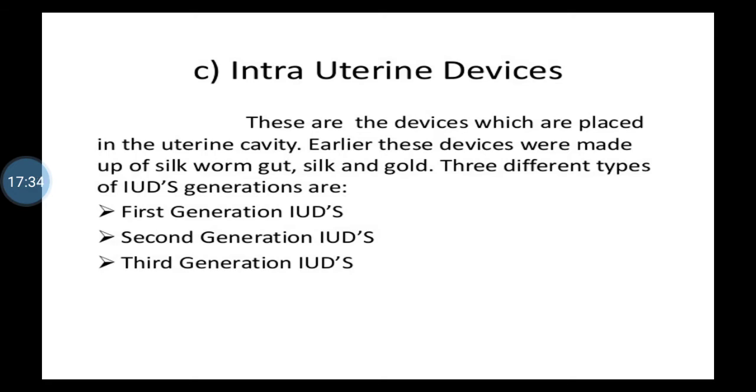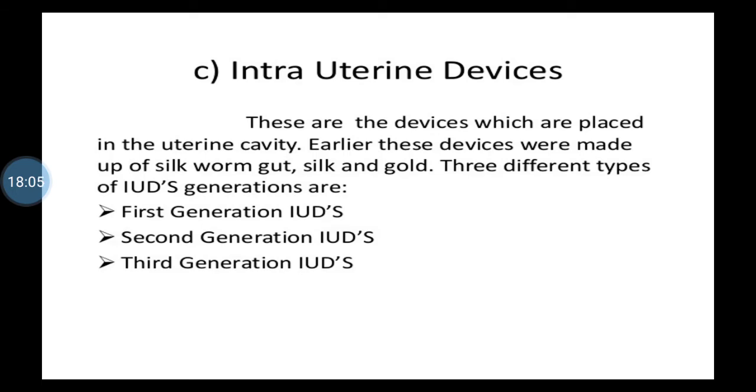Now after thorough examination, the Copper T is inserted in the uterus by a doctor or trained nurse. When this Copper T is inserted in the uterus, it does not interfere with the sex life of either of the partners. And this device can remain in place for a number of years also.